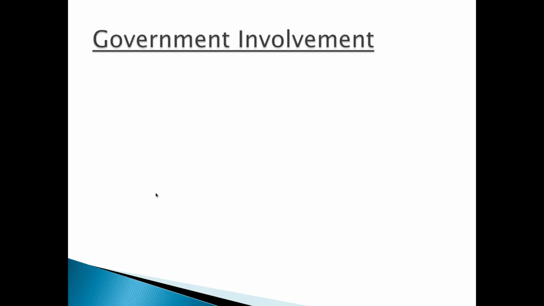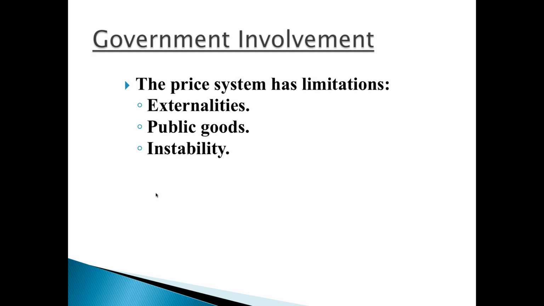So, we've already talked a little bit about government involvement and the price system, and how it has limitations. You have externalities, those side effects that aren't taken into account by the market. You have public goods, goods that are used by everybody, and the government can't exclude people, so the government has to make sure everybody pays for those public goods through taxes.